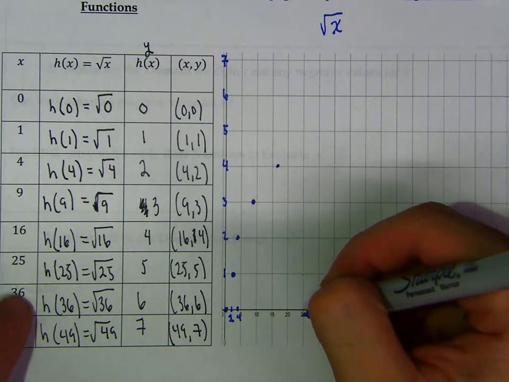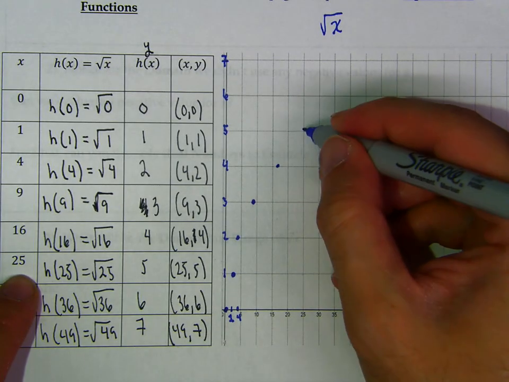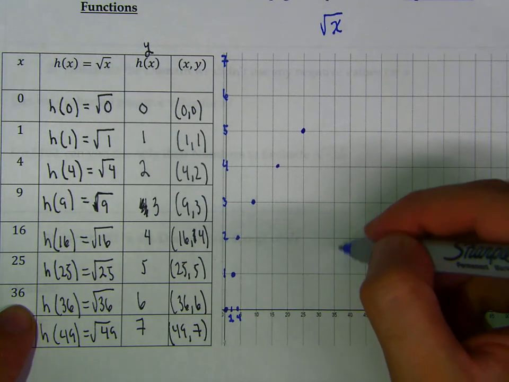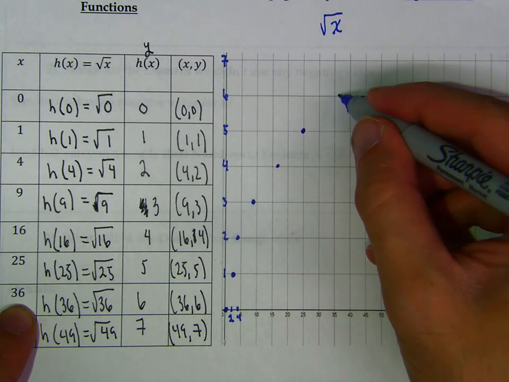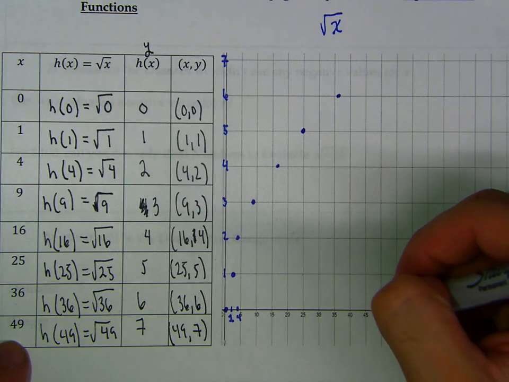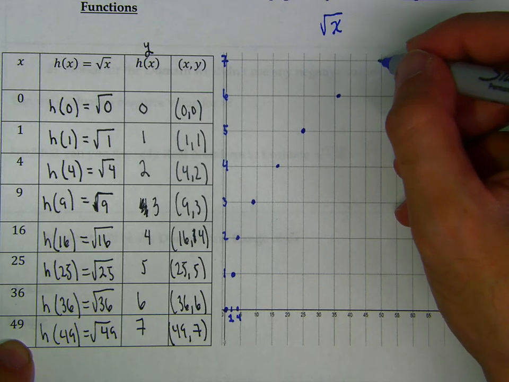When x is 25, the y value is 5. When x is 36, the y value is 6. When x is 49, the y value is about 7.